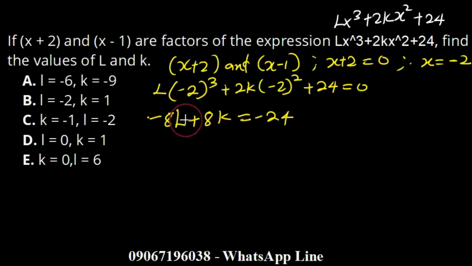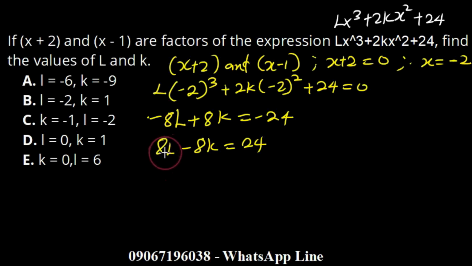But you can deal with this and reduce this, take off the minus sign by multiplying all through by the minus sign. So minus times minus is going to be plus 8. So we're going to have 8L minus 8k, and it's equal to 24. All right, so we can reduce this down. We can divide this by 4, or by 2.